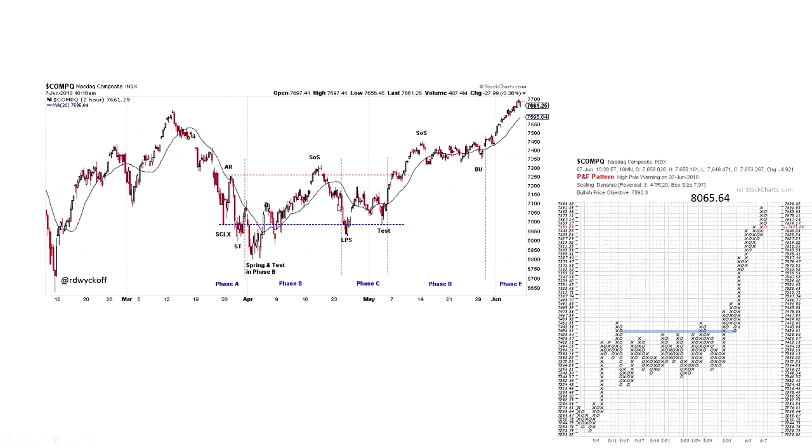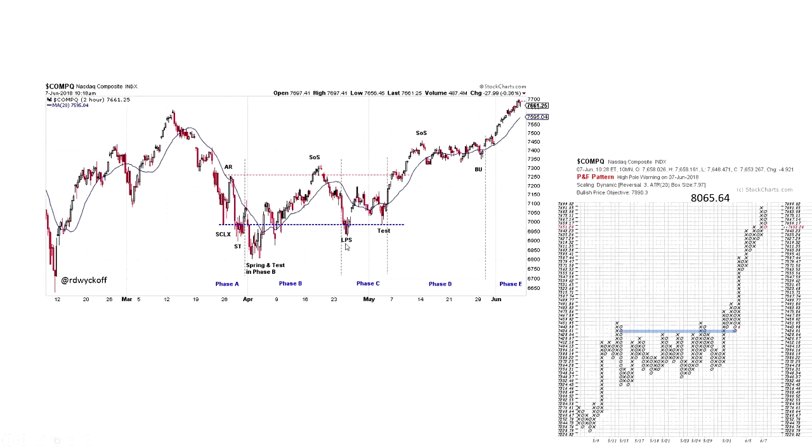And we work very hard at developing our skill at being able to identify these LPSs and tests, because these are important areas to initiate trades. So we would see that the test comes down to support. It cannot get to the LPS. This would be a good conservative place to enter a trade.